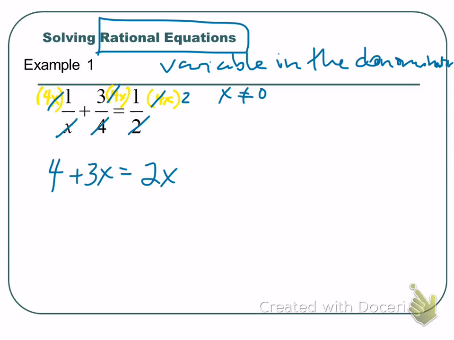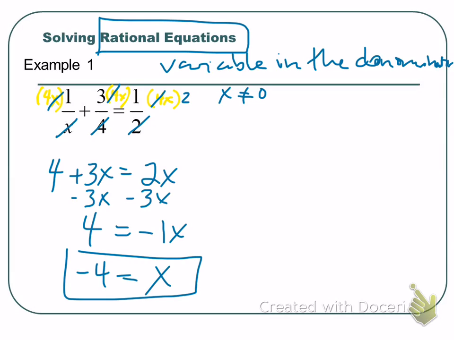Now it's a pretty simple problem to work, isn't it? We can subtract 3x from both sides. And that's going to give us 4 equals negative 1x, or negative x. Swap both signs, we get negative 4 equals x. That's a good answer.